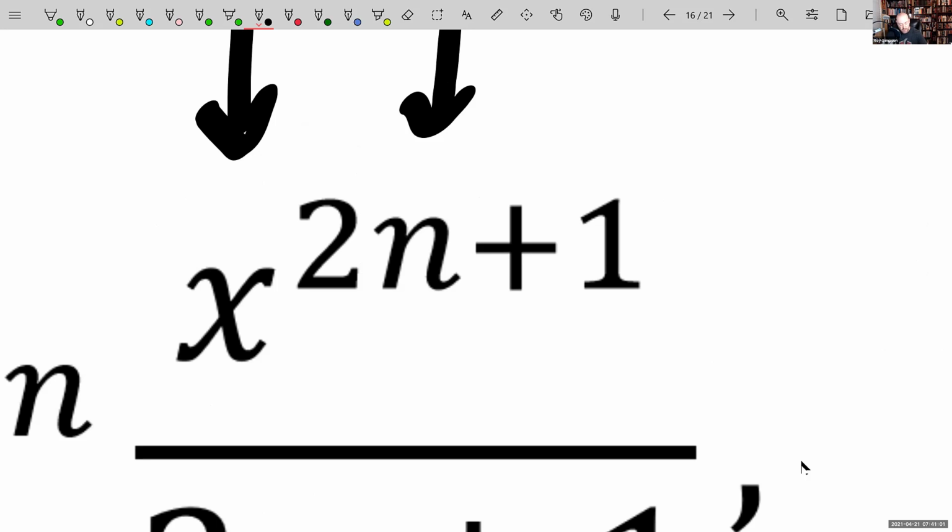Cosine is even, so technically cosine would be something with a bunch of even powers. That's a lot of work for me to erase just to showcase this, but if it were a cosine, you'd have even powers like that.